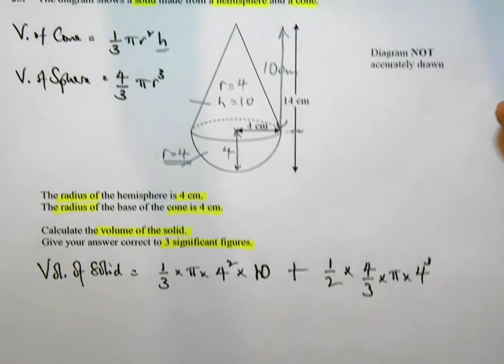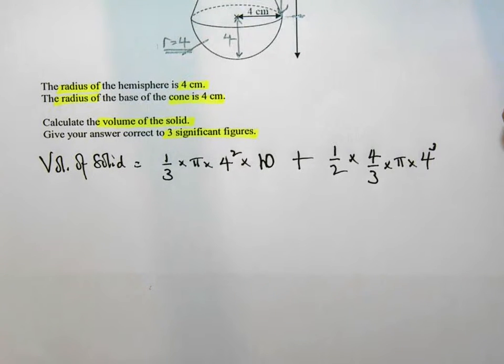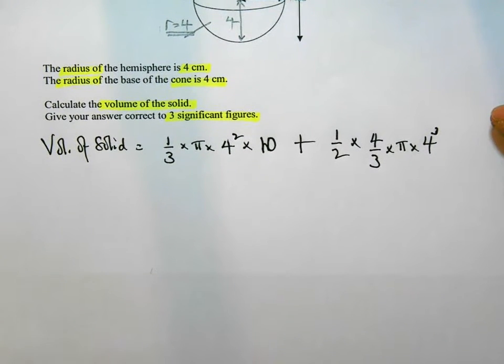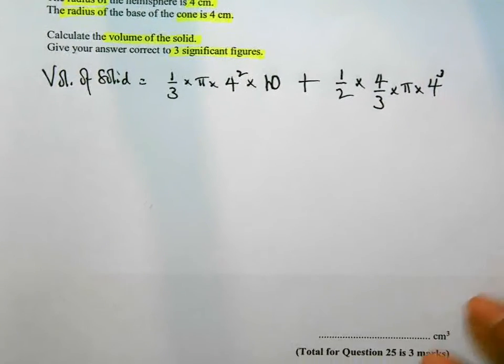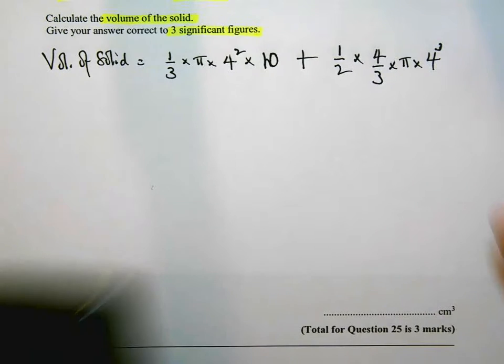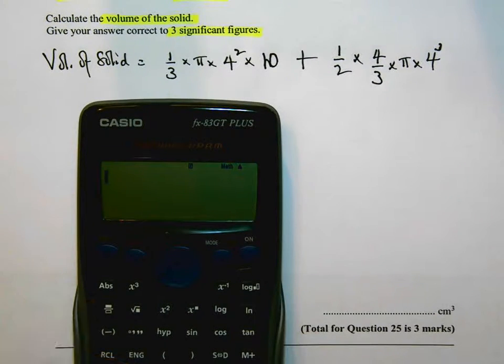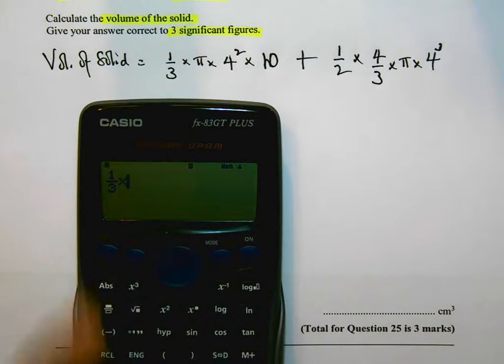So if I shuffle this further forward, we could do the workings. I can show you what I type into the calculator. Okay, so the first bit, I need to do 1/3, 1 over 3. I've used the fractions key, times pi, which is shift, and then pi down at the bottom, times 4 squared times 10.